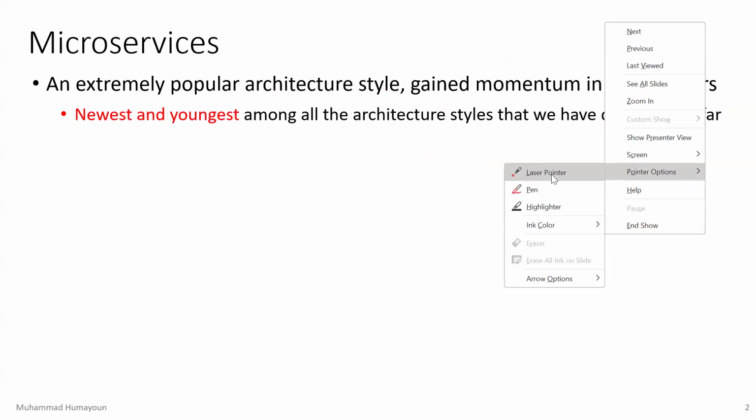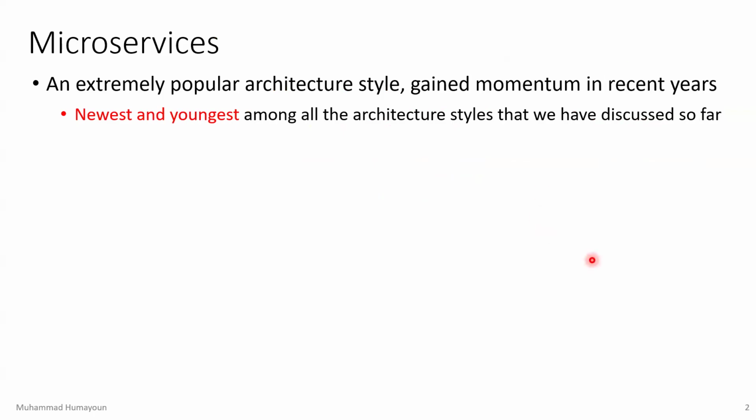So the microservices architecture style is becoming really popular over the years. And we can say that it is the newest and youngest among all the architectural styles that we have studied so far in this course. It is gaining a lot of momentum, and it is actually based on domain-driven design.